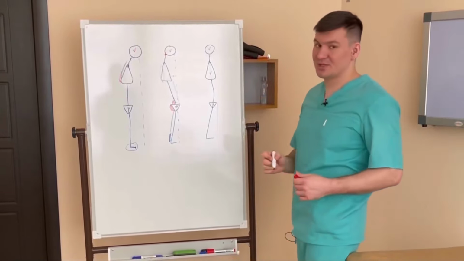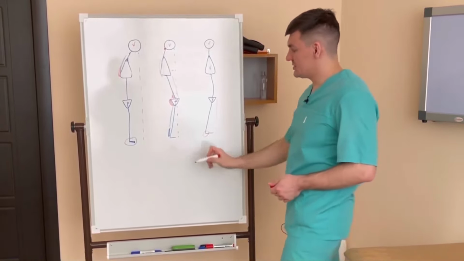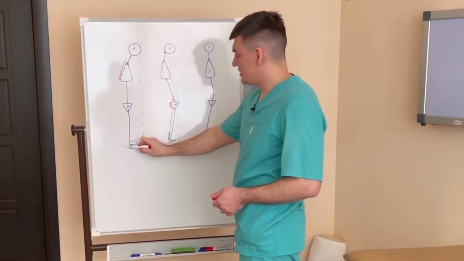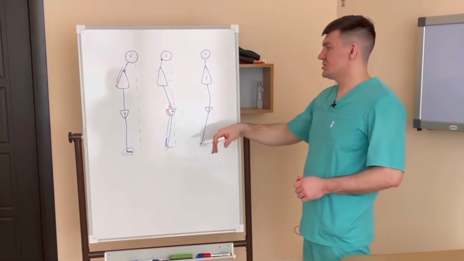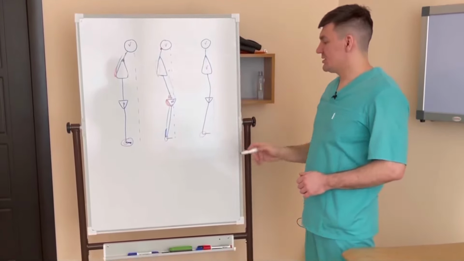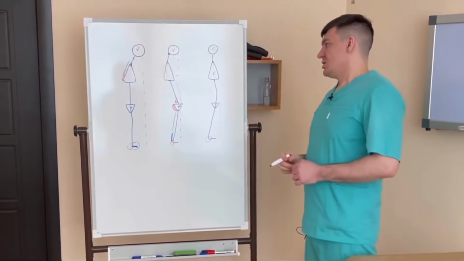Everything is now ahead. Ahead in relation to what? Relative to his feet. Everything is shifting. That is, relative to the foot, the head shifted first, and the pelvis adjusted under it, and now the chest too. All the problems start here.